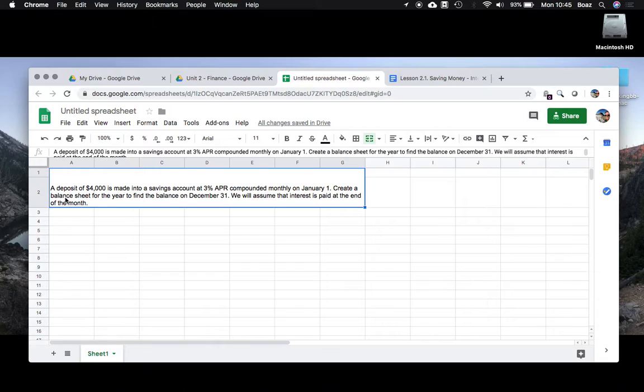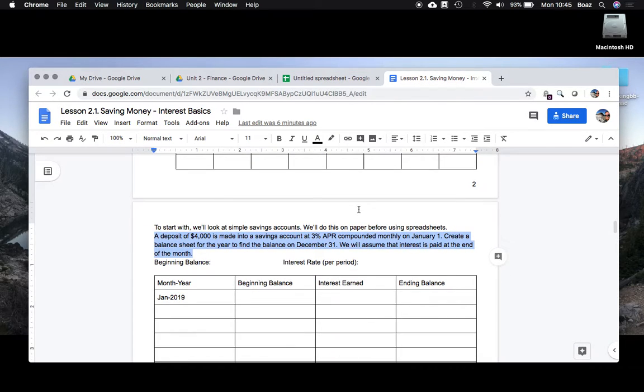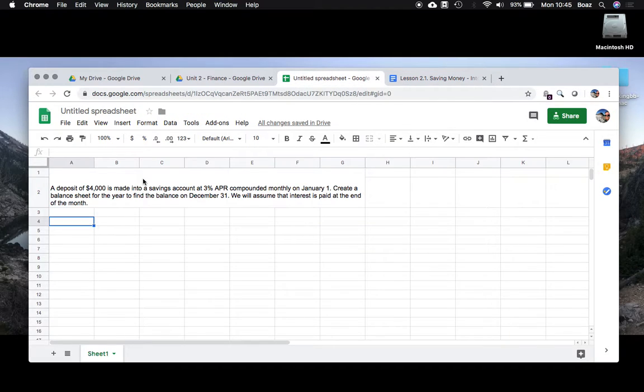So when we're working with these balance sheets, the basic information that we're going to want is going to be the same in each case. And so I had you write down the APR, the periods per year, the interest, the present value, a lot of different things there. I'm going to copy that and put that over here.